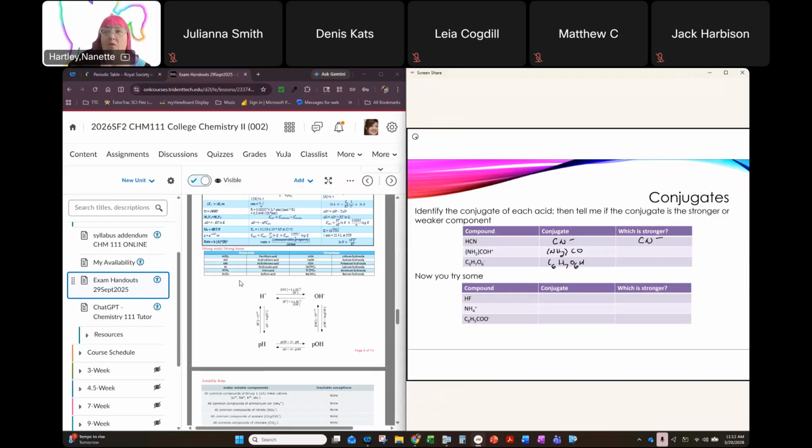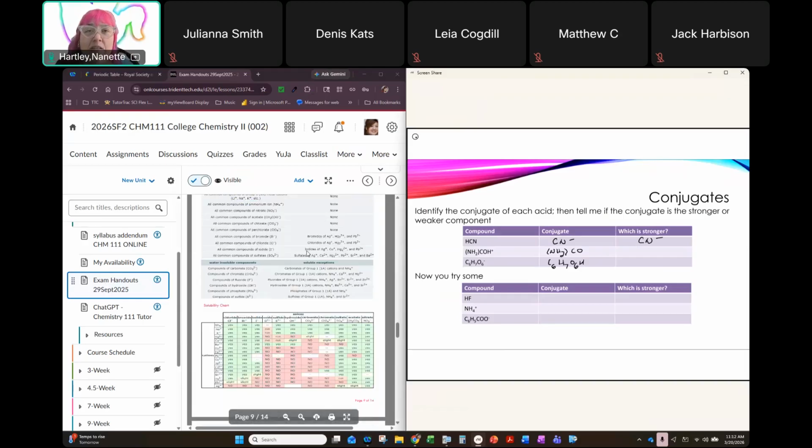Now I can go look, and when we talk about the acids, we always want to look for the thing that has the H on it. When we talk about the bases, we want to look for the thing that doesn't have the H on it to try and find it. So I'm going to look to see if I can find the NH2CO. Now, I know it's not in this list right here, so my guess is that it's weak.